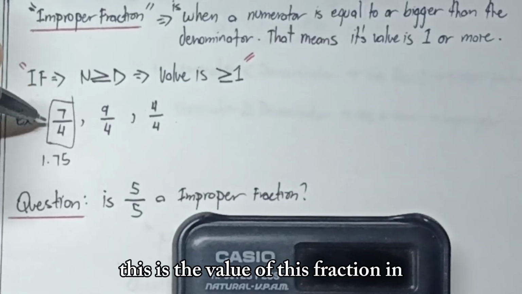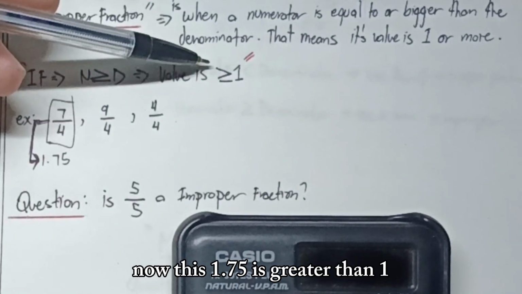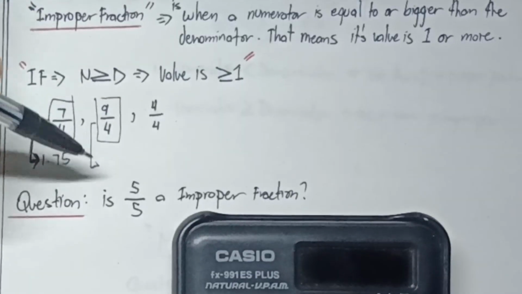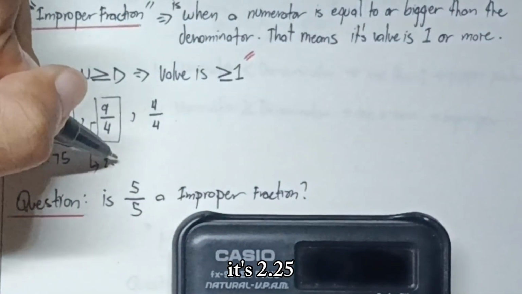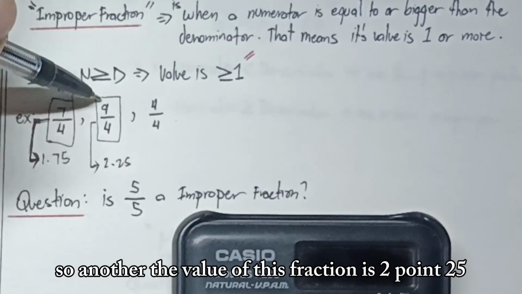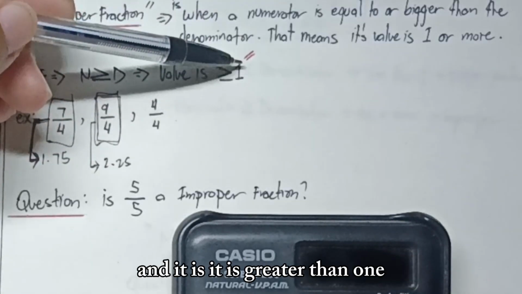This is the value of this fraction. Now this 1.75 is greater than 1. Let's do 9/4. Let's divide 9 by 4. It's 2.25. So the value of this fraction is 2.25 and it is greater than 1.